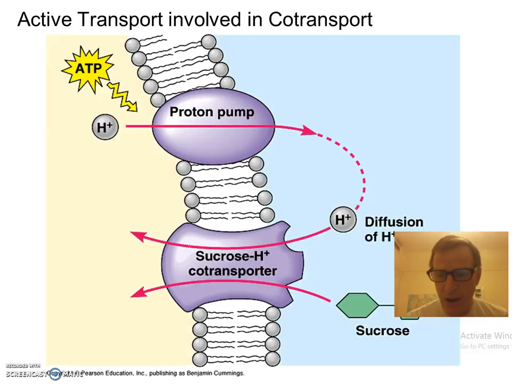And then why would a cell want to do that? Well, it can use that hydrogen ion concentration then to pump back through a co-transporter and link up with sucrose and move sucrose into a cell. This process is called co-transport and involves the active transport of hydrogen ions to then allow the co-transport of sucrose into cells so cells can use sucrose for energy.